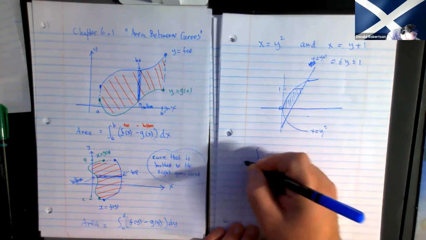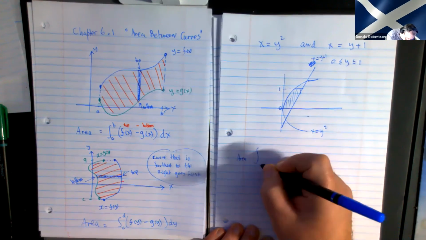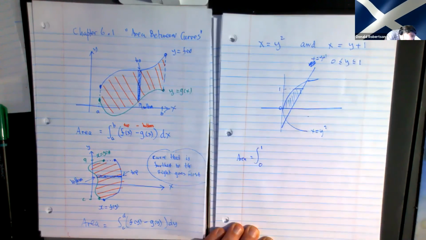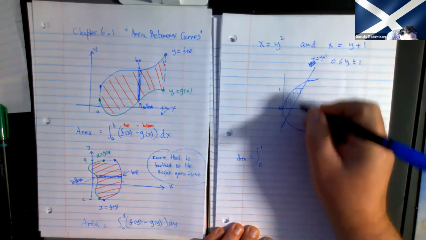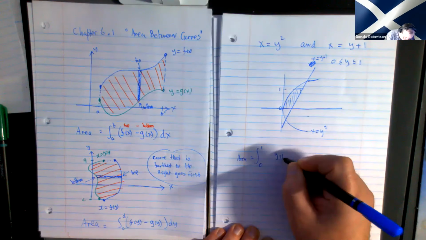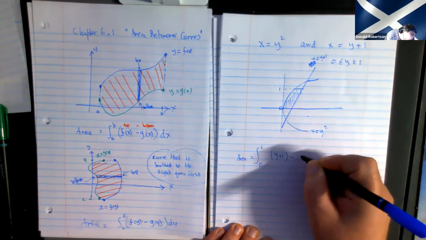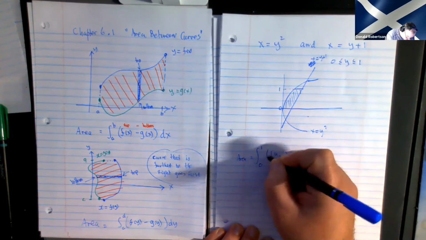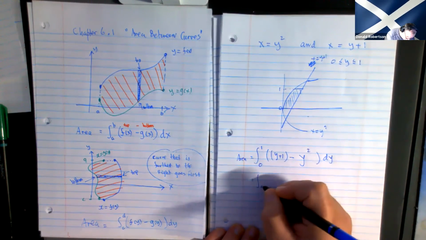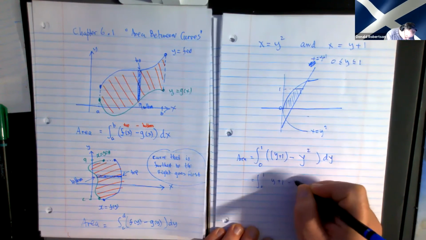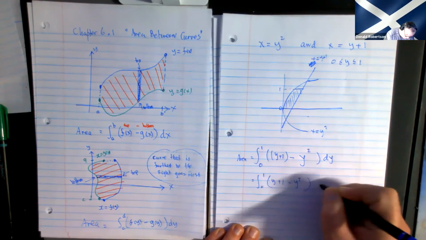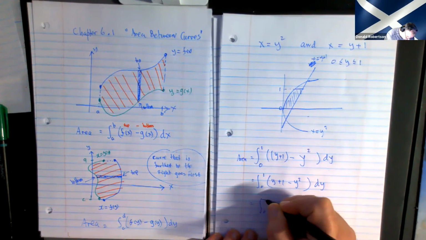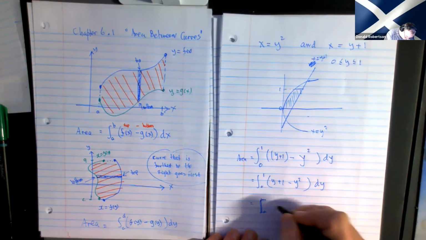So my area between these two curves is the integral from 0 to 1, because they told me, of the straight line first, take away the curve second. And that becomes the integral from 0 to 1 of that guy. And that becomes the integral from, well, I don't need to do any more, because I'm ready to do power rule.